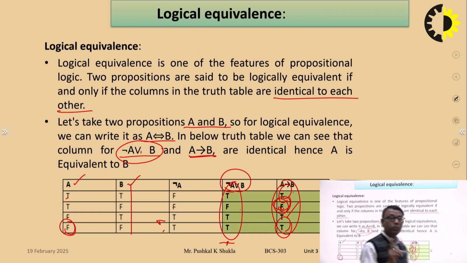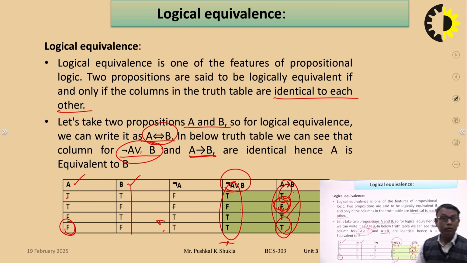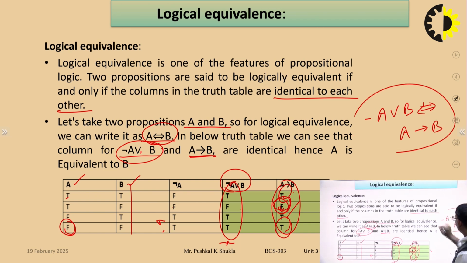So, two propositions A and B are said to be logically equivalent, written as A is logically equivalent to B, if the corresponding truth values of their columns are identical. For example, negation A or B and A implication B are logically equivalent. We see this by making a truth table.